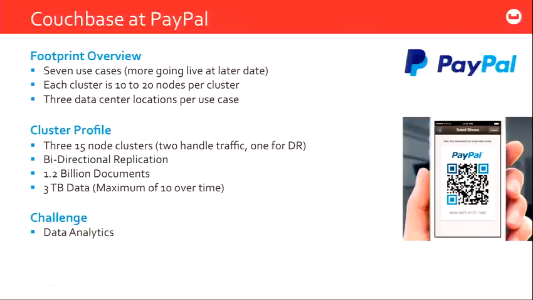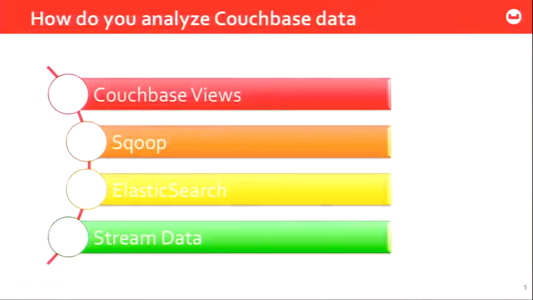The challenge with their current deployment for the cookie service is it's running on a 2.5.2 cluster. So it comes down to data analytics. When you look at that version of Couchbase, the things available to you when you want to analyze data running in a cluster, you can use Couchbase views.